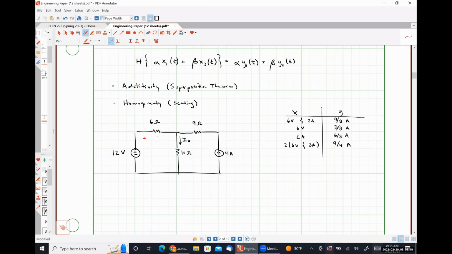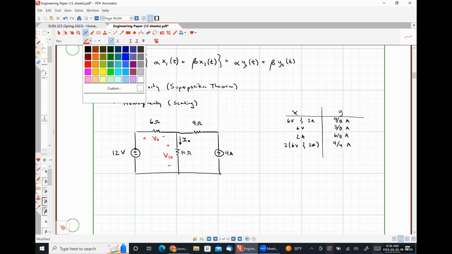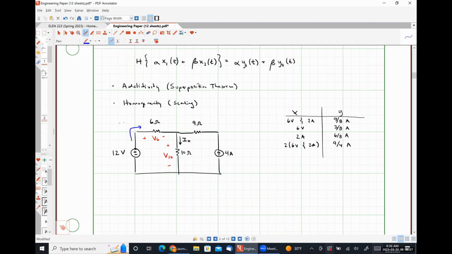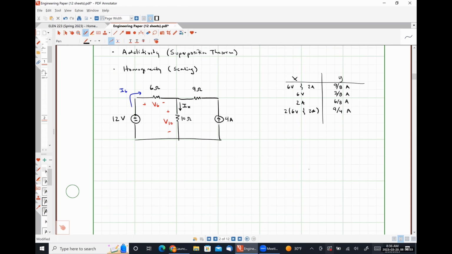So once again, I'm going to call this voltage V6. I'm going to call this voltage V10. I'm going to call this current I6. Writing my KVL equation, I'm going to have V6, so 6 ohms times I6 plus 10 ohms times IX is equal to 12 volts.